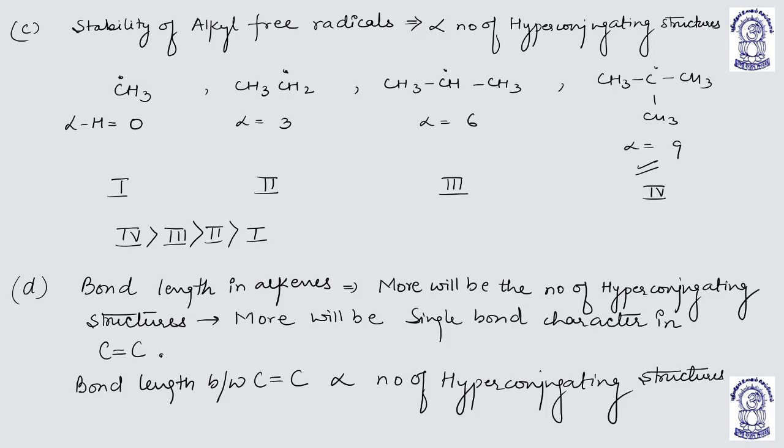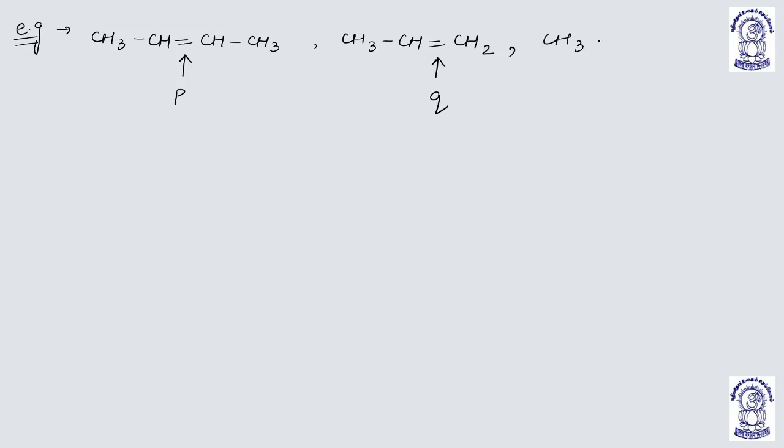Okay, like for example, the bond length is suppose P, the bond length is suppose Q, the bond length is suppose R. Okay, so you can see the carbon-carbon double bond with alpha hydrogens, carbon-carbon double bond with 3 alpha hydrogens, carbon-carbon double bond with 0 alpha hydrogens.